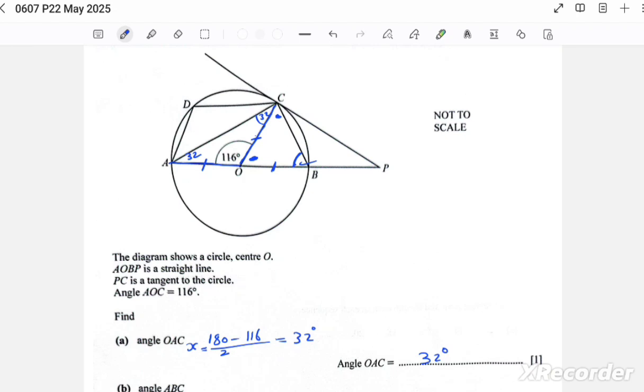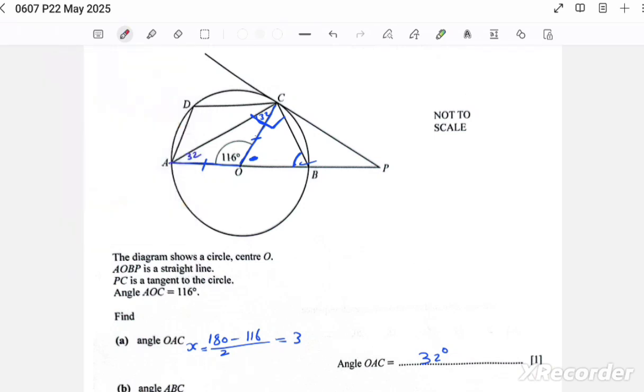Or someone else will say that the angle ACB, this angle, is 90 degrees. Okay, why is it 90 degrees? Because the angle in a semicircle is a right angle. So you may do it in this way or in that way. So let's calculate.